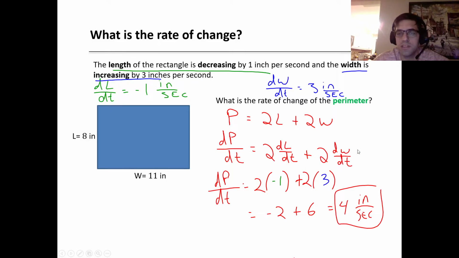Remember, we're doing implicit differentiation here, so all the variables are with respect to t. Now we just plug in dl dt and dw dt, our change in length and width over time. Since we're talking about perimeter, our unit of measure is no longer squared, it's just inches, so it's inches per second.